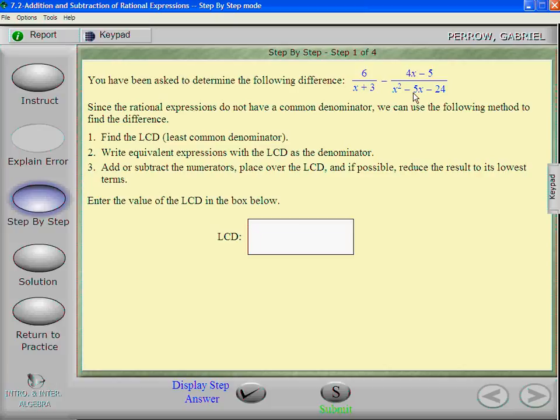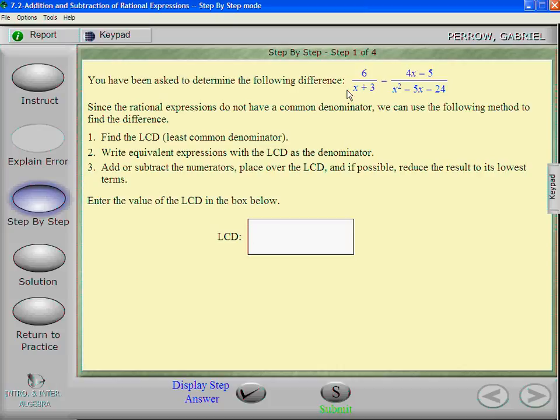So because x plus 3 is a factor that's shared between both of these, all you need to have a common denominator is an x minus 8 to go next to this left fraction, and then you have a match. So you look and say, at most, what do I have of each type of factor?